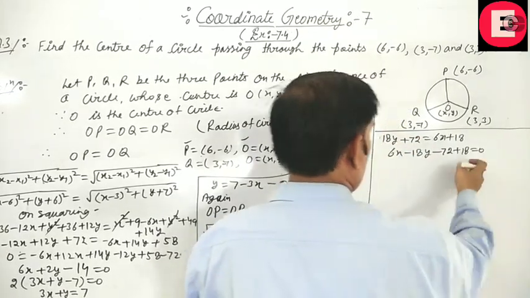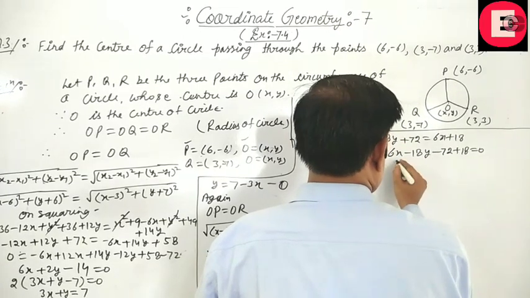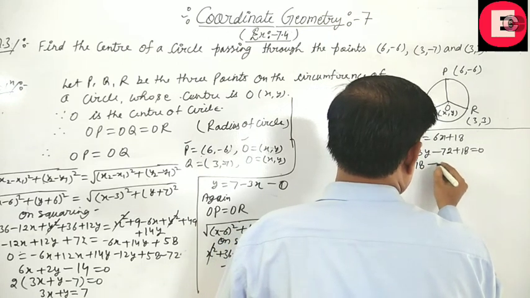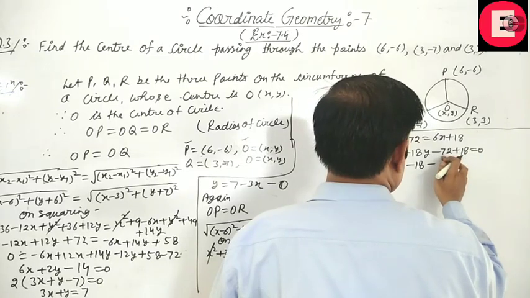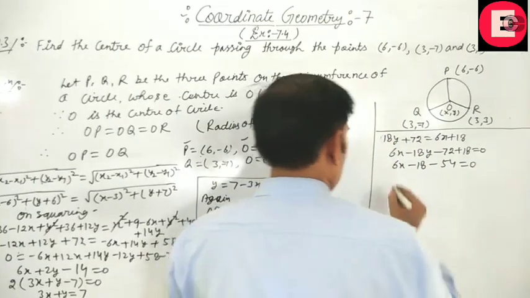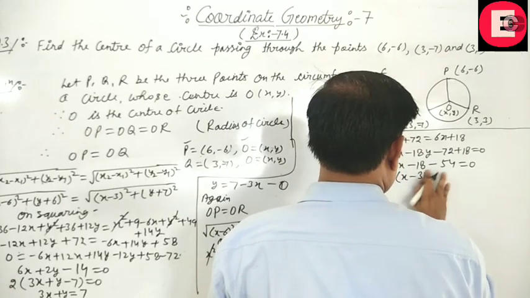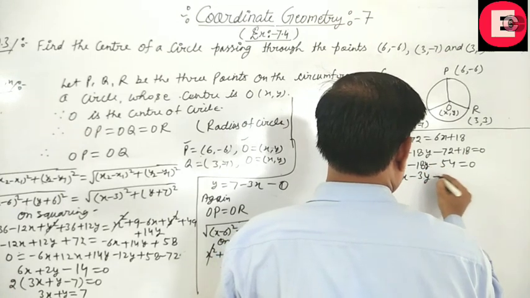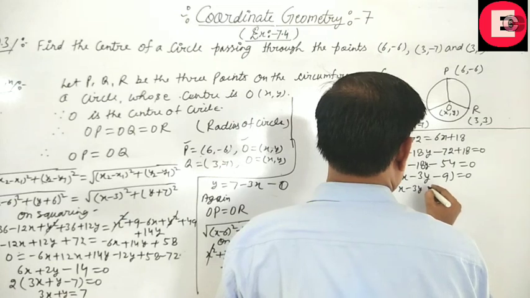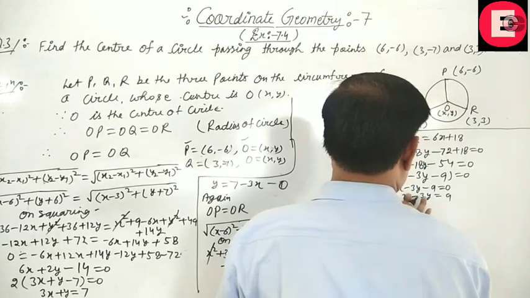Both terms will be transferred to the right hand side. So 6x minus 18y minus 54 is equal to 0. Then common 6: x minus 3y minus 9 is equal to 0. Then x minus 3y is equal to 9.